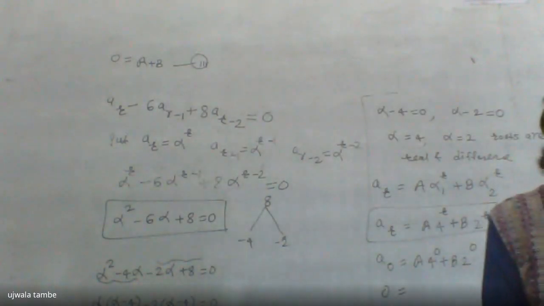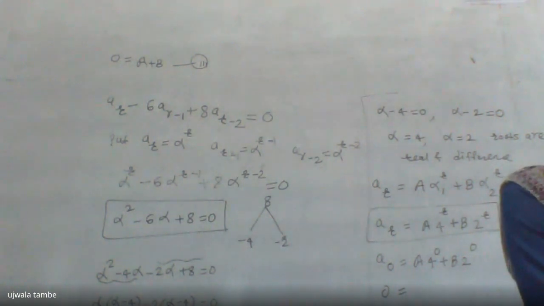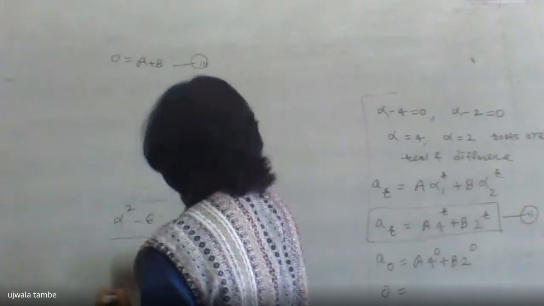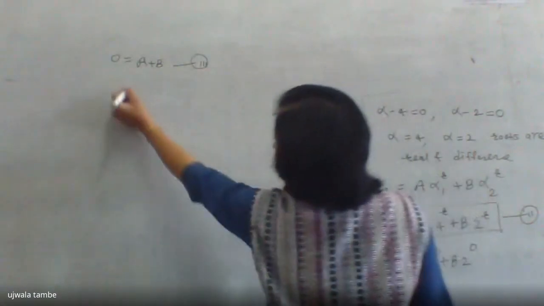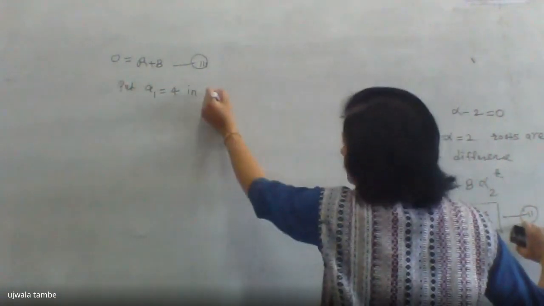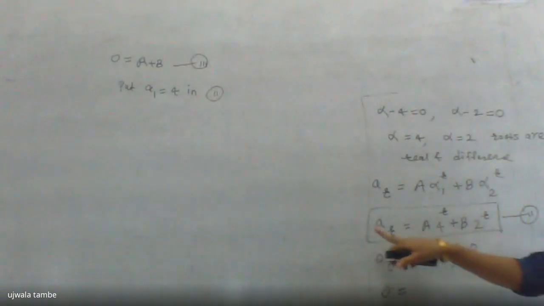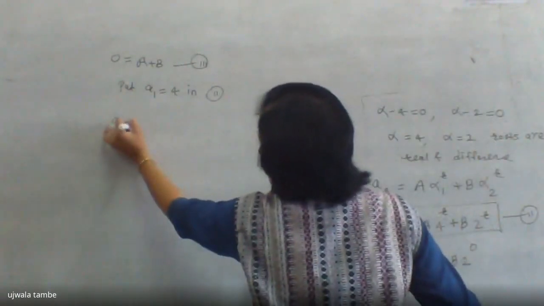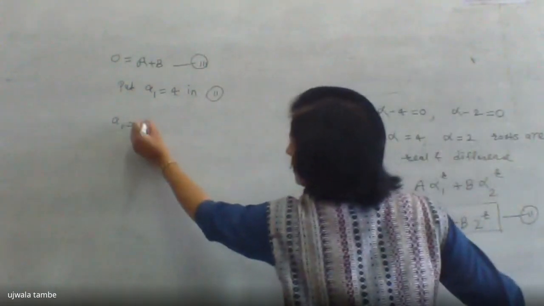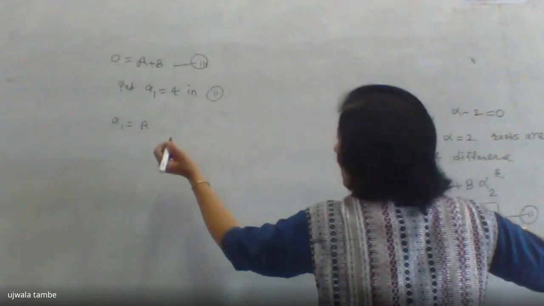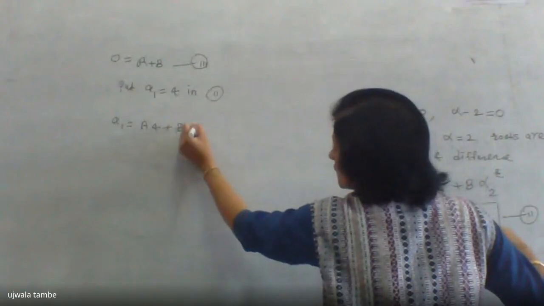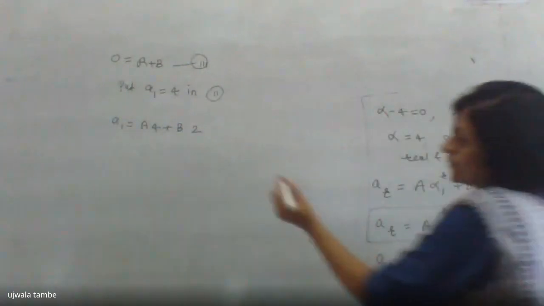The second initial value is a1 is equal to 4. Put r is equal to 1 in the second equation. a1 is equal to a into 4 raised to 1 plus b into 2 raised to 1.